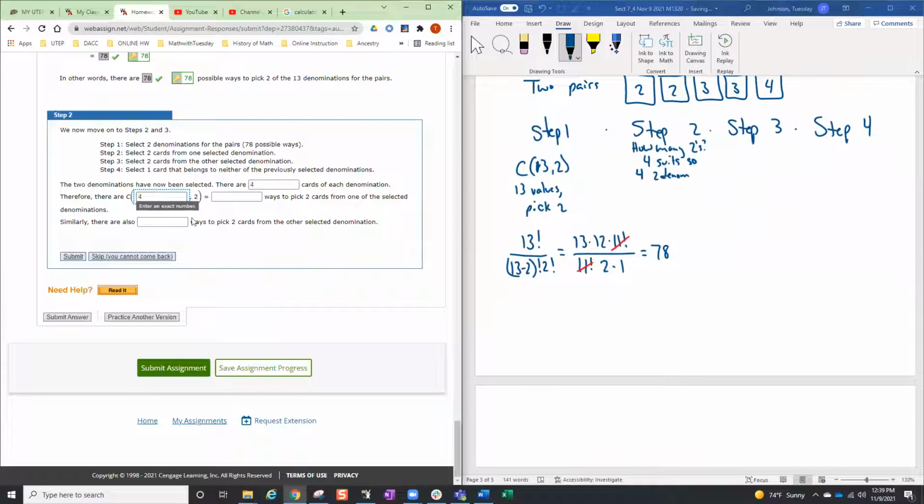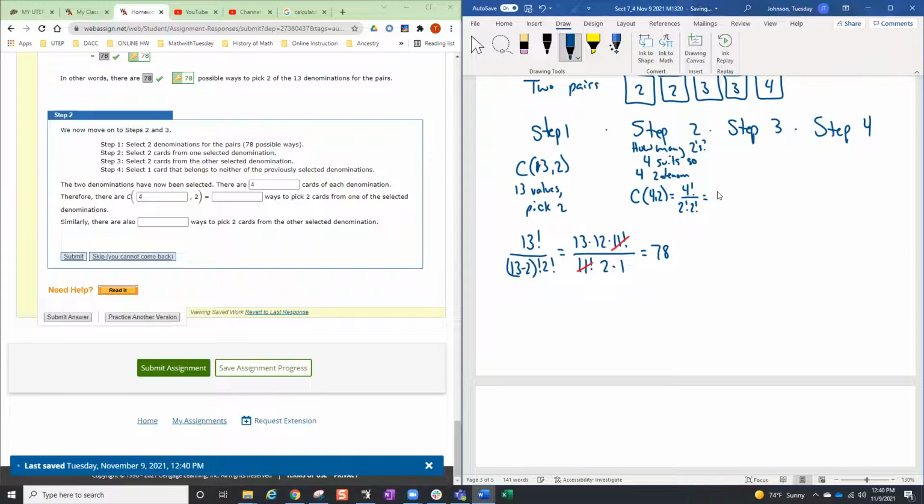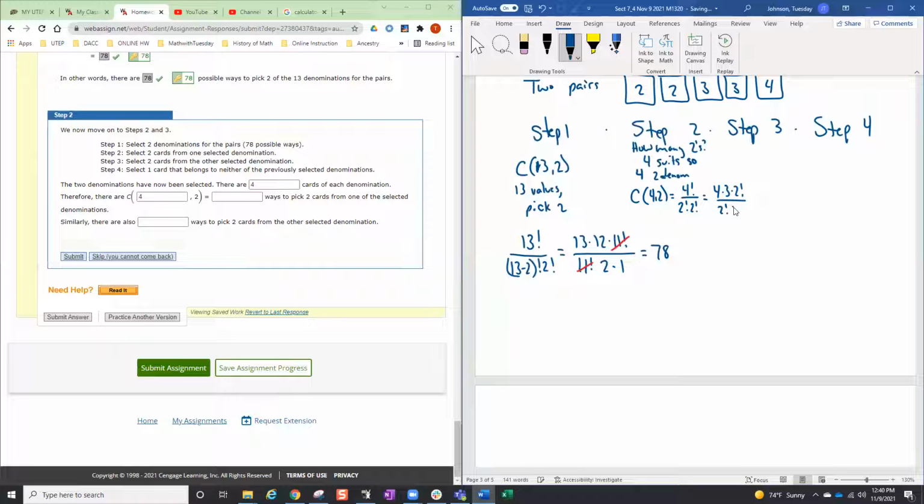Therefore, we're looking at C of 4, comma 2. That's 4 factorial over 2 factorial times 2 factorial. That's 4 times 3 times 2 factorial over 2 factorial times 2 times 1. These 2 factorials cancel out. 4 times 3 is 12. 12 divided by 2 is 6.